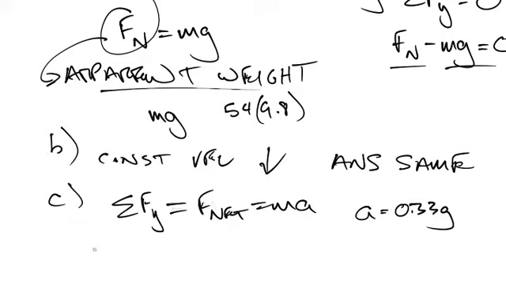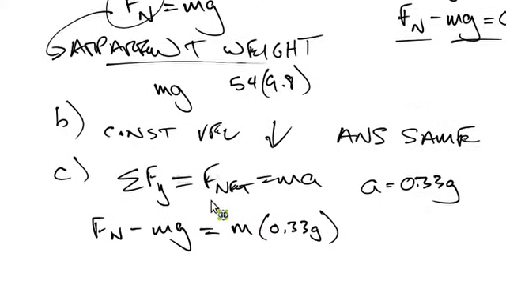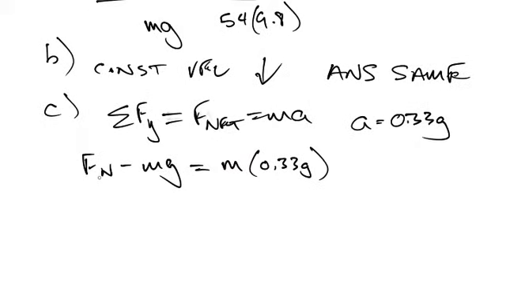So we have Fn minus mg is equal to m times 0.33 g, because the acceleration is given. We're still looking for Fn. That is the apparent weight.